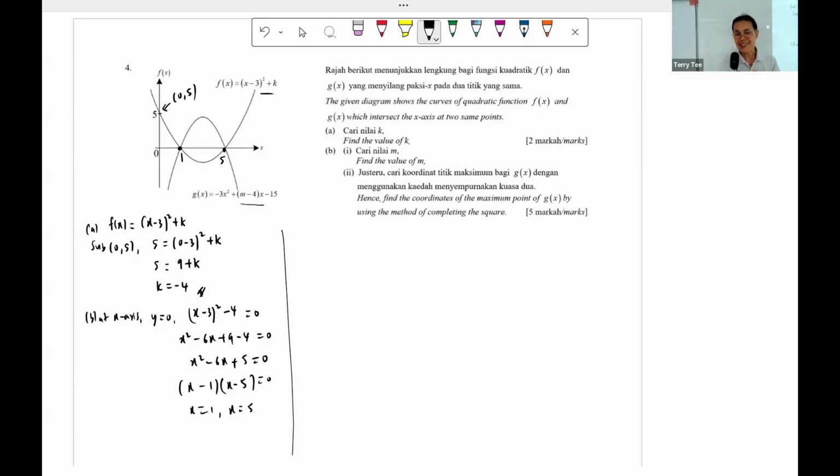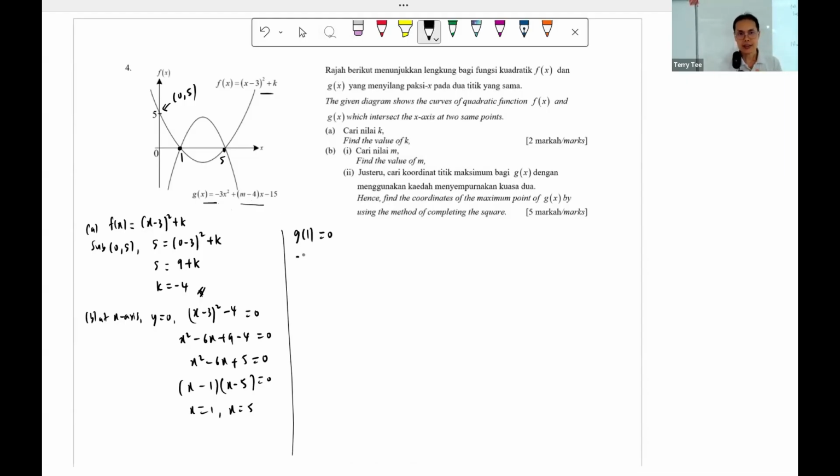Now, like I said, they share the same roots. If they share the same roots, this point here, I can sub in (1, 0). Or maybe I just write g(1) equals 0. You can also put g(5) equals 0, okay? Meaning when your x is 1, the whole function is 0.